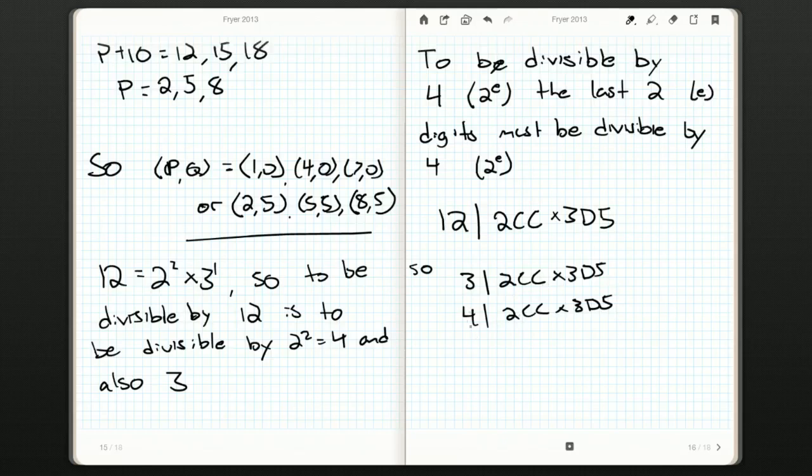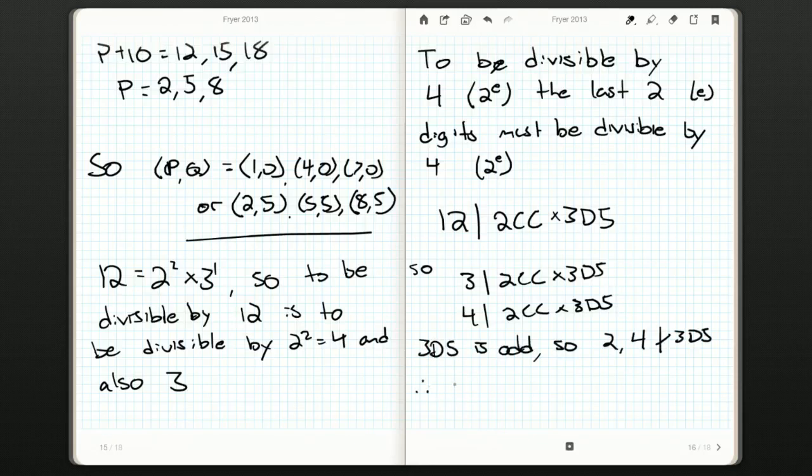How about divisibility by 4? Well, if we want divisibility by 4, one thing that jumps out to us is 3d5 is odd. So neither 2 nor 4 divide 3d5.